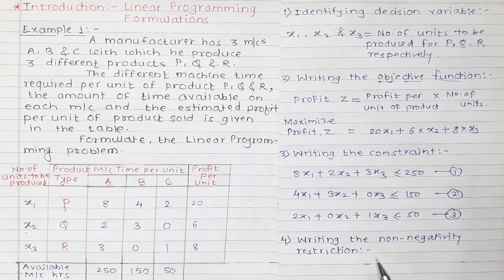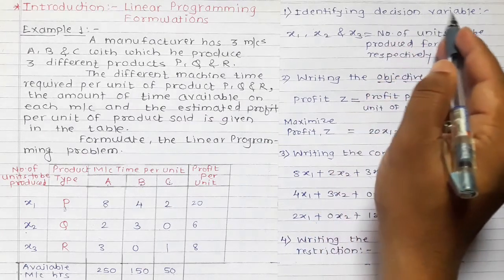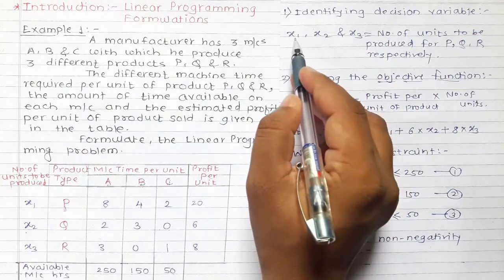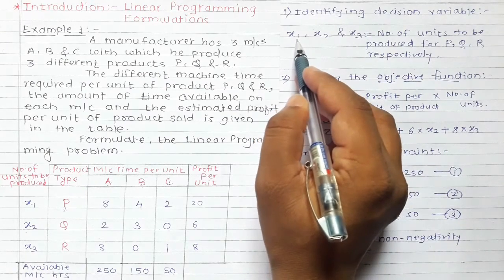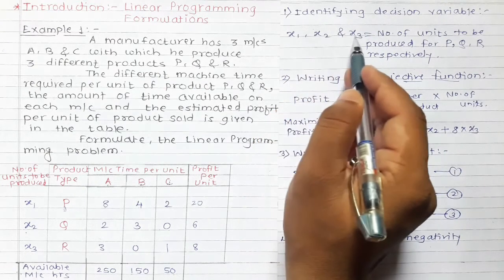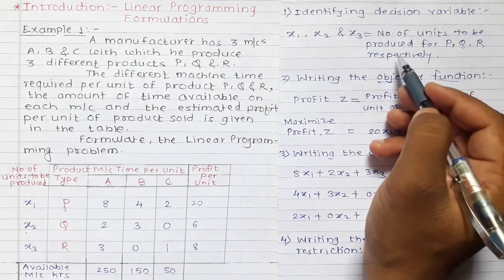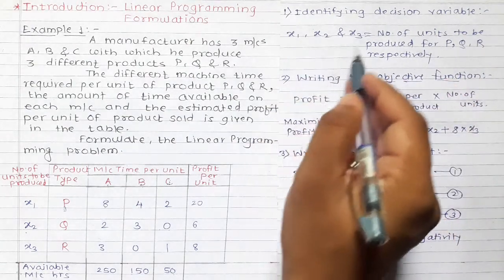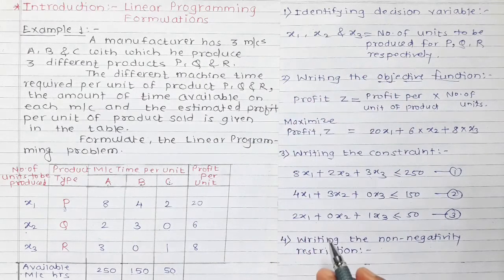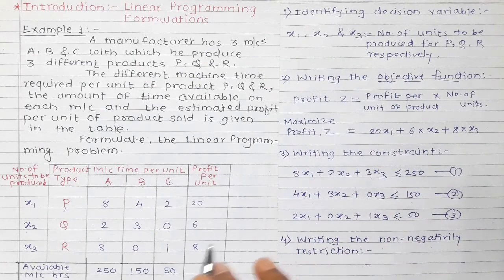In our case study, the non-negativity restrictions indicate the positive decision variables. Now the decision variables that we have considered as x1, x2, x3, that is the number of units of product P, product Q and product R to be produced, must all be positive because the number of units to be produced is never negative.